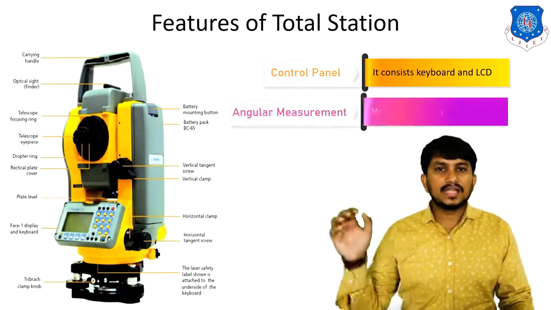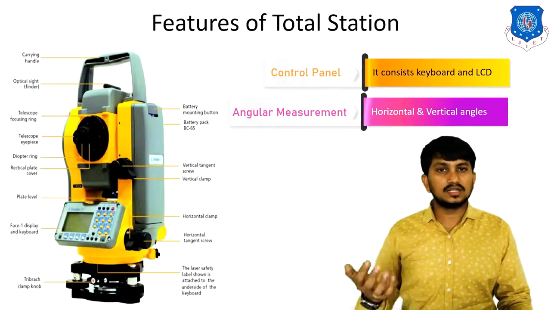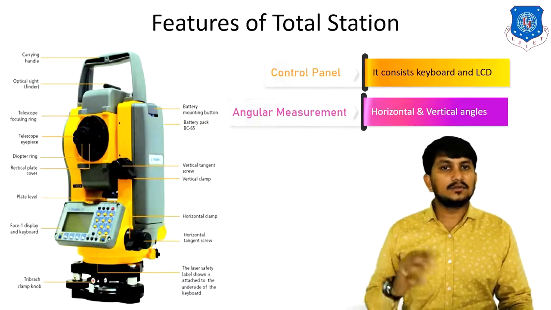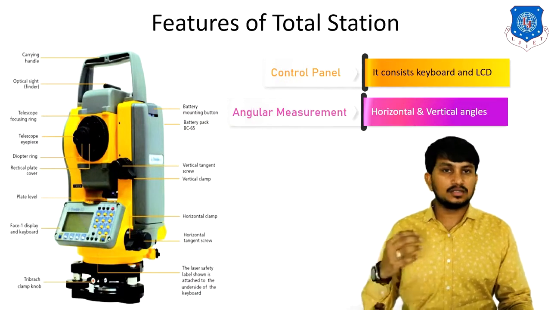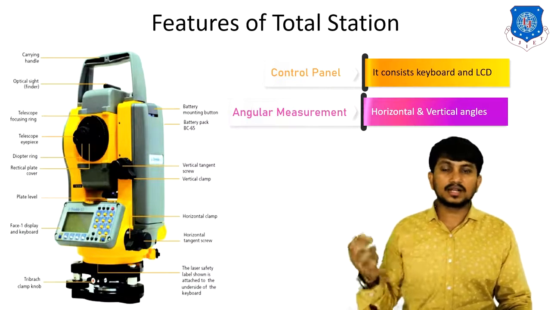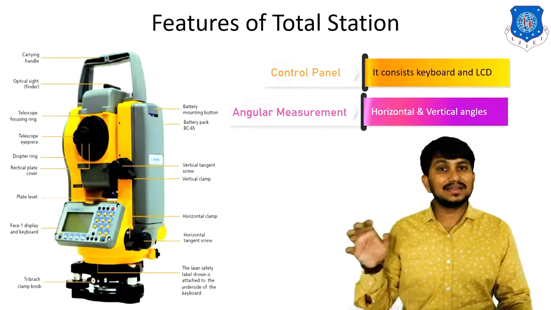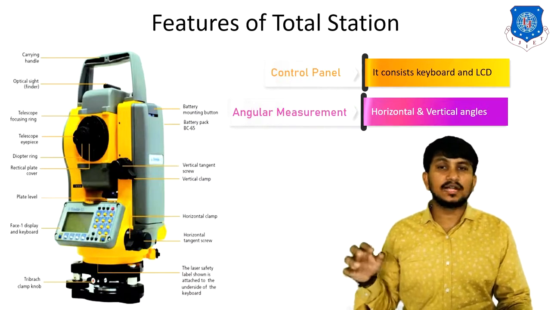Next is angular measurement. It can measure horizontal as well as vertical angles. For that, arrangements like horizontal clamp screw, horizontal tangent screw, vertical clamp screw, vertical tangent screw and telescope are there, the same as in a theodolite.